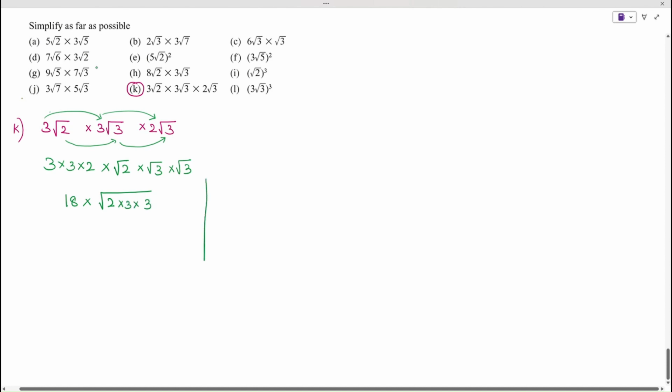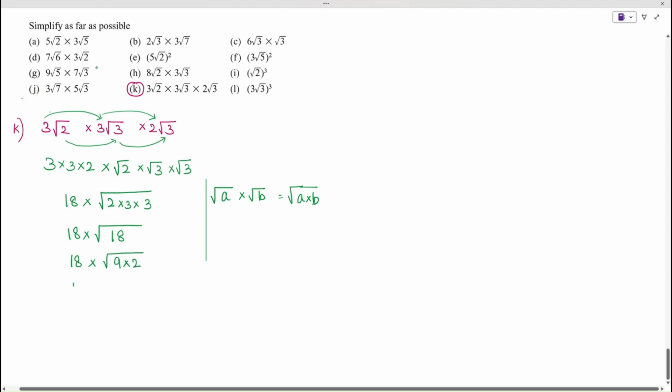And so this is because of the surd rule: root A times root B is equal to root of A times B. And so this gives us 18 times root 18. And so we get 18 times root of 9 times 2.